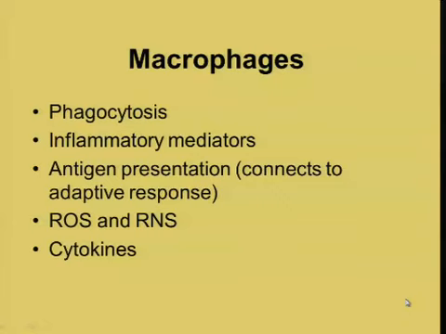So the second set of innate cells are macrophages, which are also involved in phagocytosis. They also release a lot of inflammatory mediators, various different cytokines that in turn exacerbate inflammation. They also are antigen-presenting cells. Once again, we'll cover that in the next lecture. They also, like neutrophils, produce reactive oxygen and nitrogen species, which in turn are used to kill the bug and digest it.